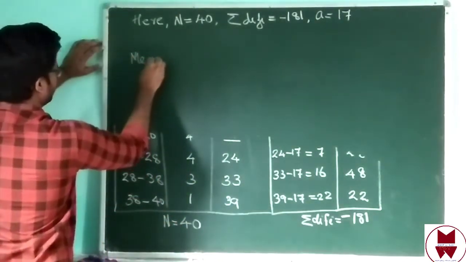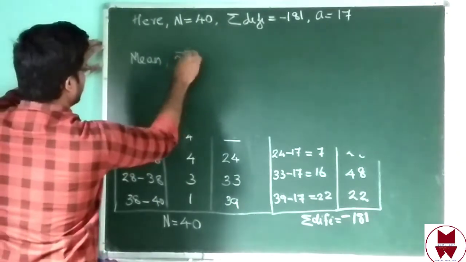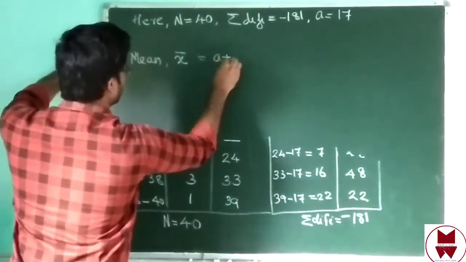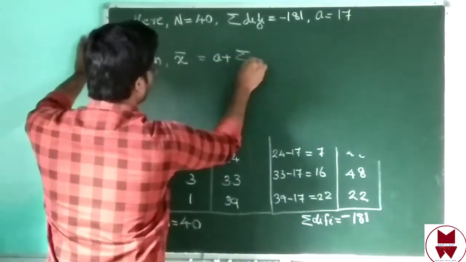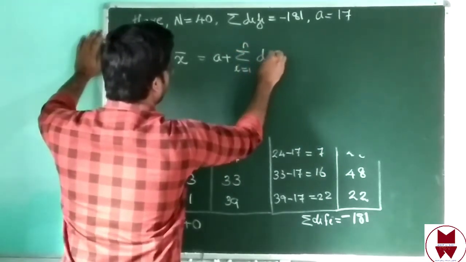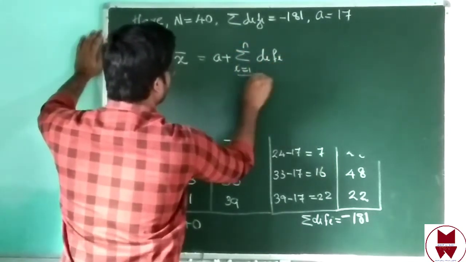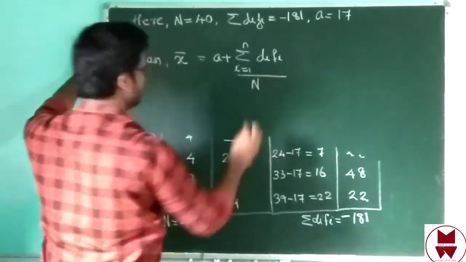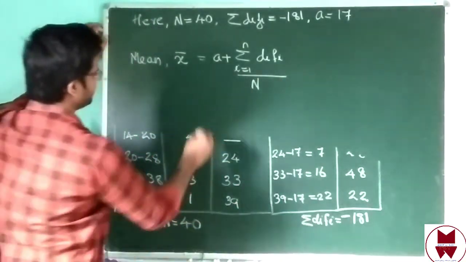Mean, x bar equal to A plus sum of i equal to 1 to n, fi di divided by n. We are going to use the assumed mean method.